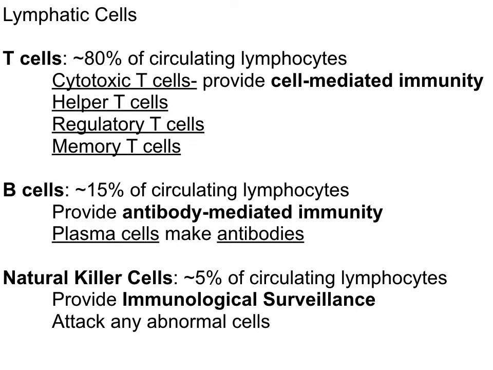You then have natural killer cells, which are abbreviated NKCs. They are the remaining 5% of your circulating lymphocytes. And what these cells have the ability to do is provide you with immunological surveillance. So they travel throughout your body looking for cells that are abnormal.